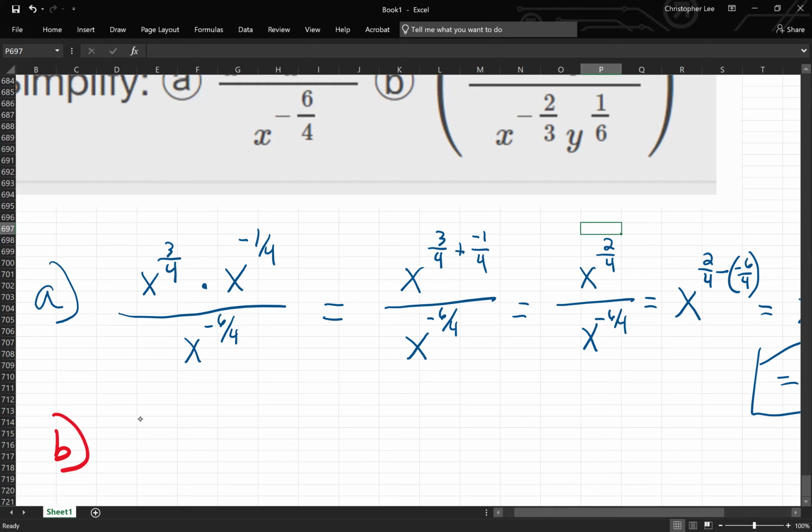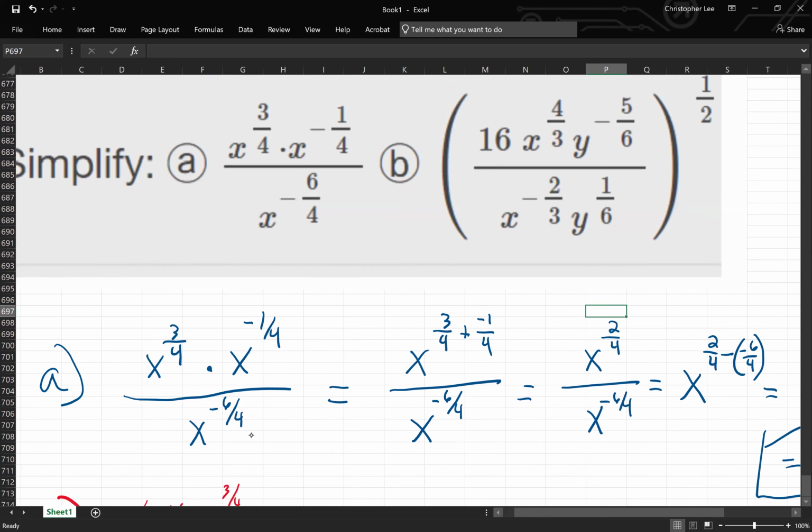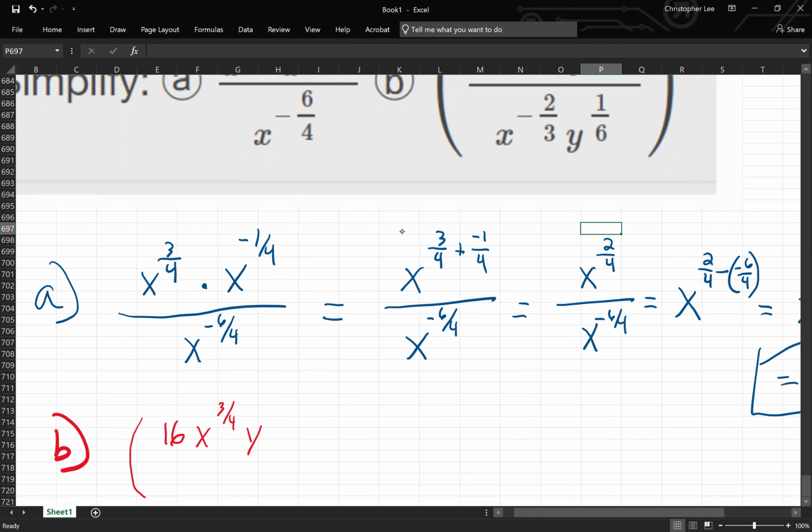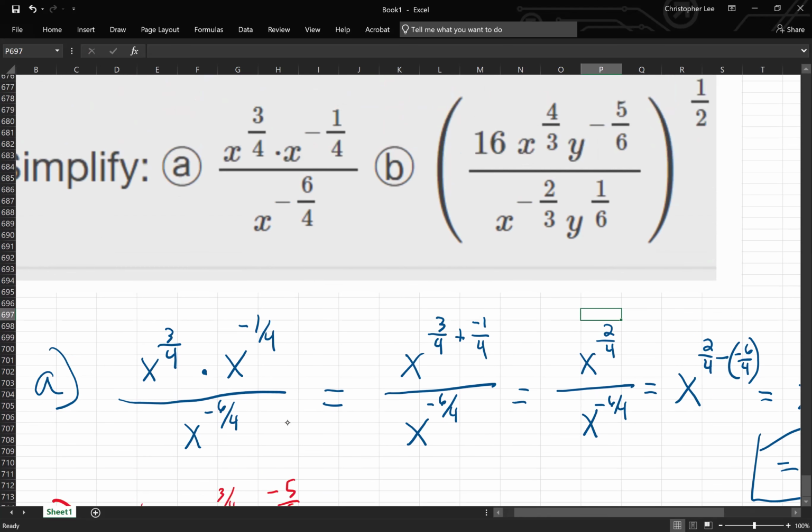All right, so open parentheses. I got a 16 here. And just bear with me. I got x to the 3 over 4 power times y to the negative 5 over 6. Is it 4 over 3? Yeah, I can't read.